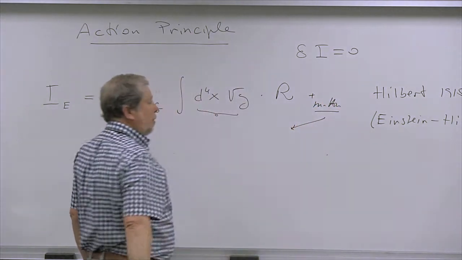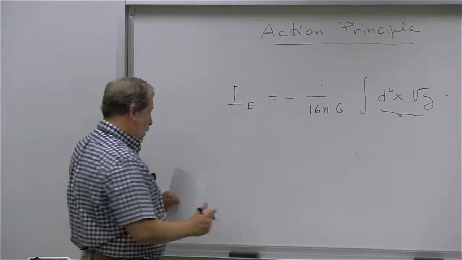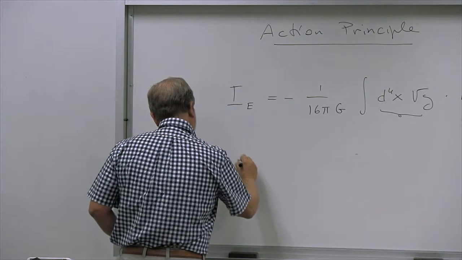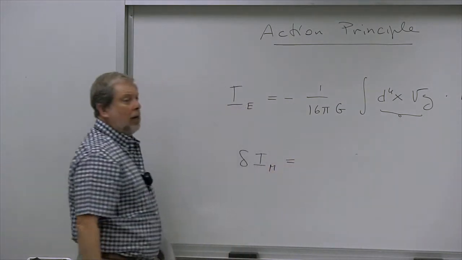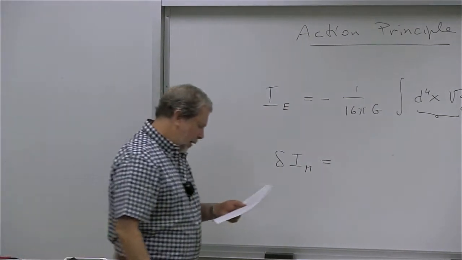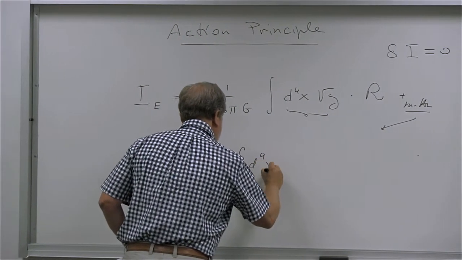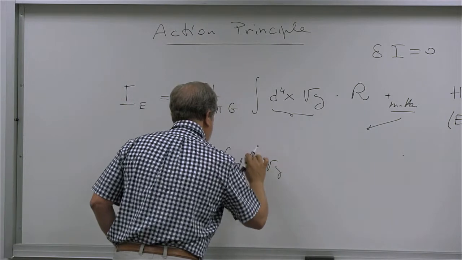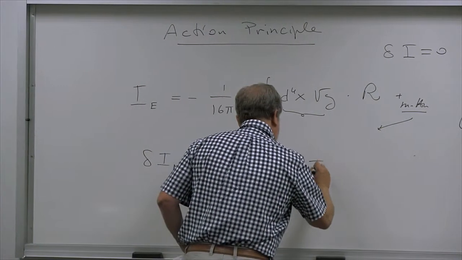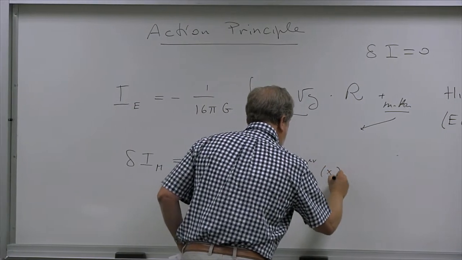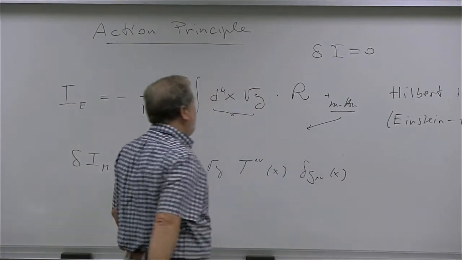The matter part means that you have to add something that contains the T mu nu. And so the variation of the matter part, I sub m, is going to be the part that contains the T mu nu. So it's going to be 1/2 times the integral in d4x times the square root of g times T mu nu of x times dg mu nu of x again.